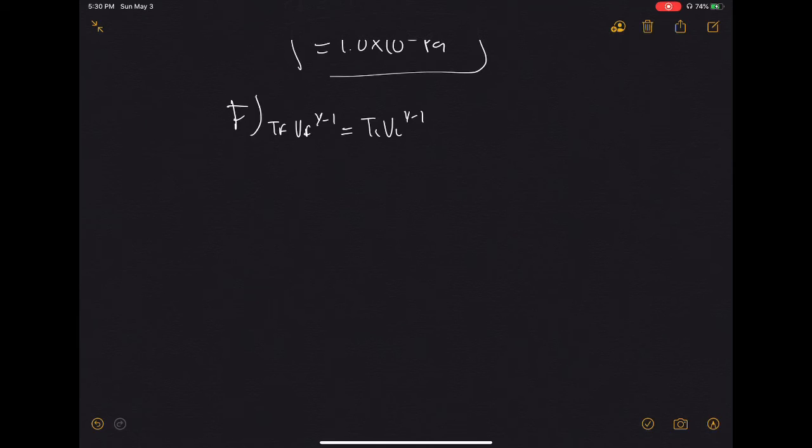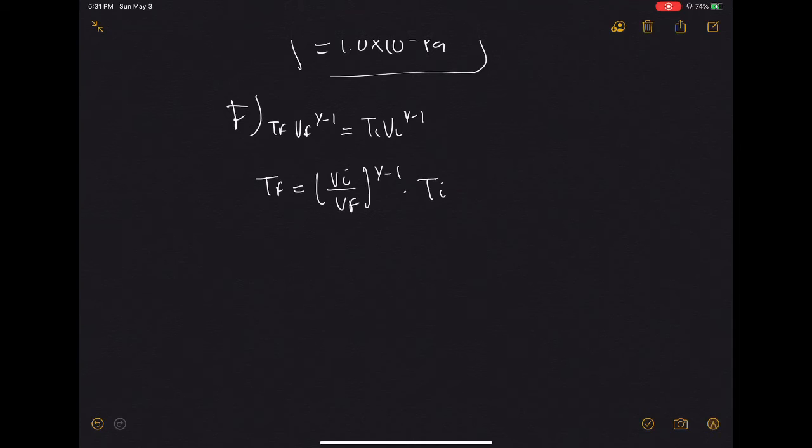We have to find the final temperature, so we solve for it, and that gives us Vi over Vf to the gamma minus 1 times Ti.